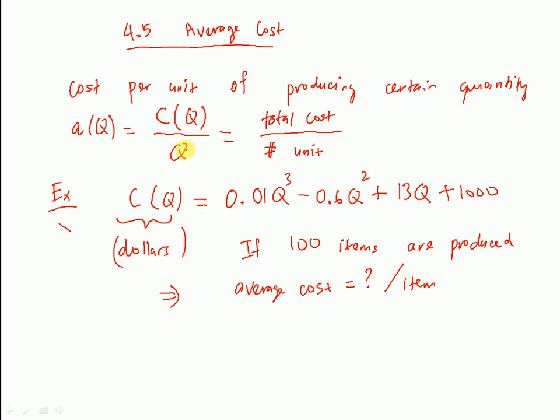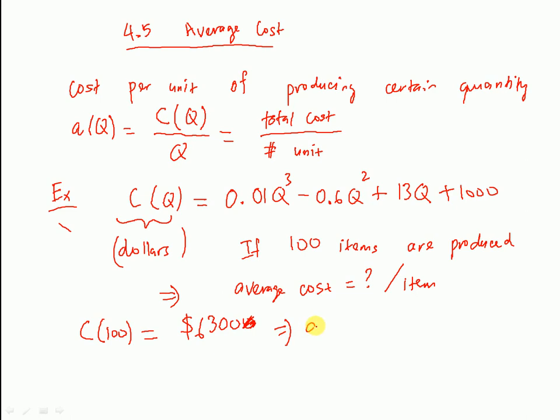So if you take a look at this function again, the average cost is equal to the total cost divided by the number of units. In this case, we have 100 items or 100 units. So we just need to find the total cost of this many items and divide by the number of items. So I'm going to find C of 100. If you plug in 100 for Q in this equation, you get around 6,300.